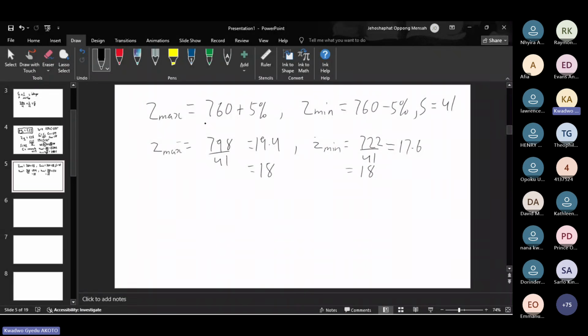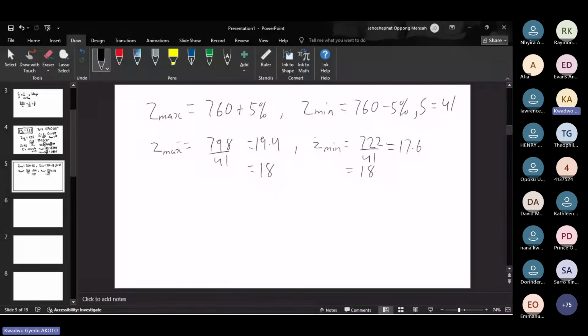The question says we should choose our lowest possible number of slots, which is 41, and use that to find our maximum number of conductors per slot. So our maximum is 760 plus 5% of 760, which gives us 798, divided by the number of slots we are using, 41. We get 19.4, right?